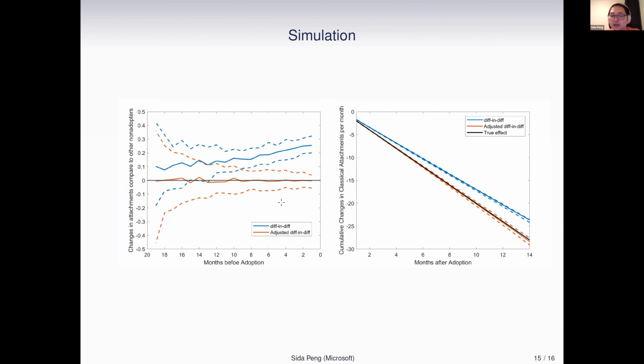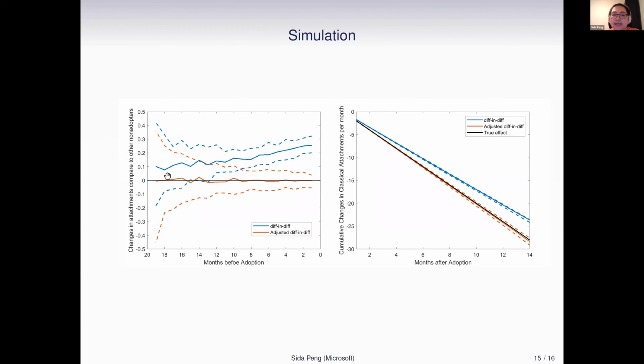If the parallel trend assumption holds, because you haven't adopted at the time, we should expect a 0 estimate. But here, with the standard Diff-in-Diff estimate, plotted by the blue line, we clearly see a rising trend, showing that the parallel trend assumption is being violated.